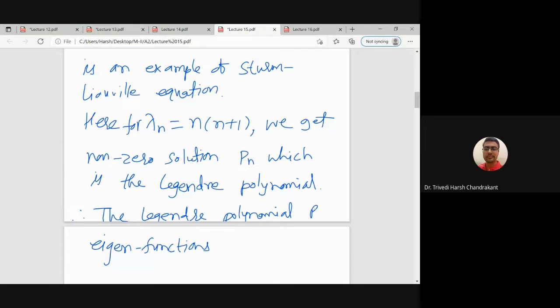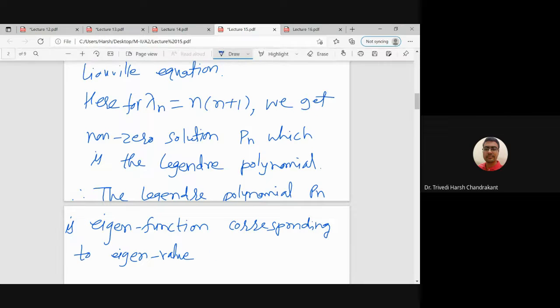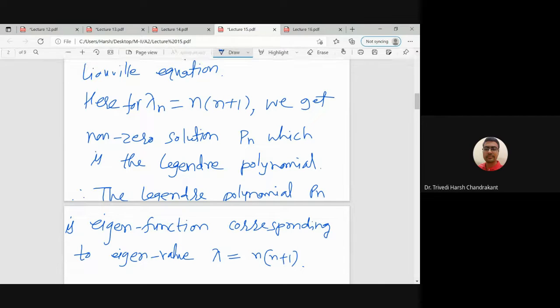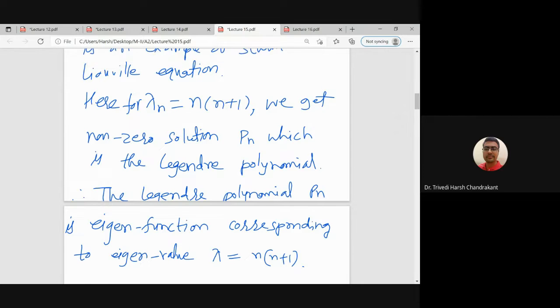Legendre polynomial Pn is the eigenfunction corresponding to the eigenvalue lambda, and lambda is equal to n times (n plus 1). Right. So this is an example of eigenvalue and eigenfunction.